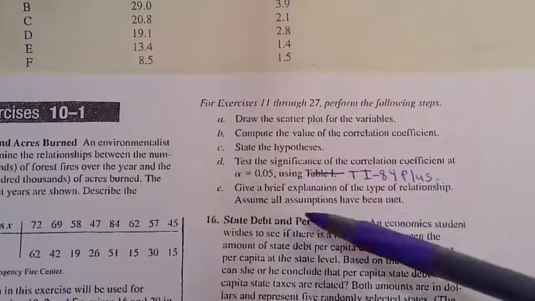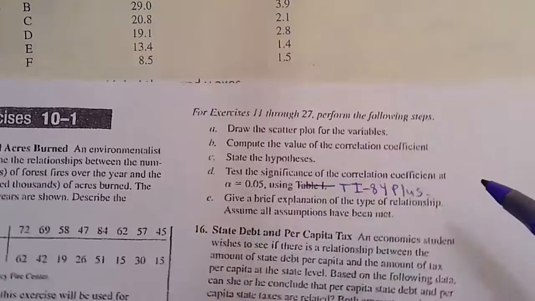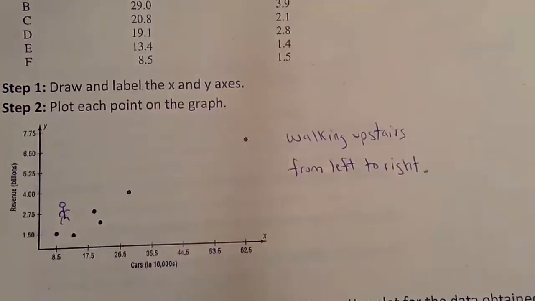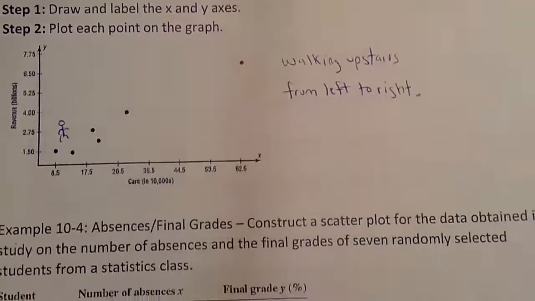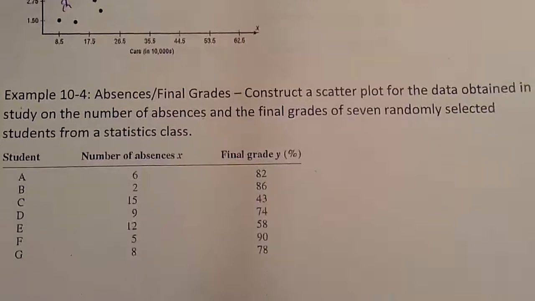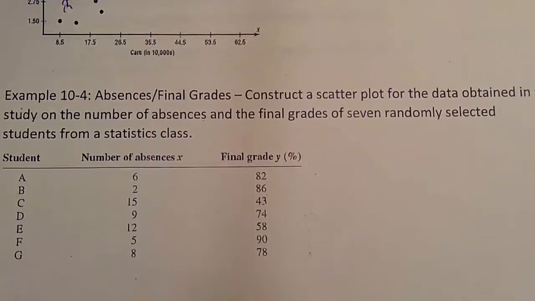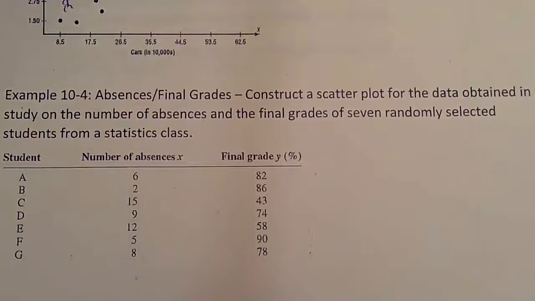Okay, so we start off with the scatter plot. If you look at the second example, we did something very similar to this in section 2.4, with the example about the author of your ebook, Alan Blumen, who randomly sampled students and looked at their absences and their final grades.